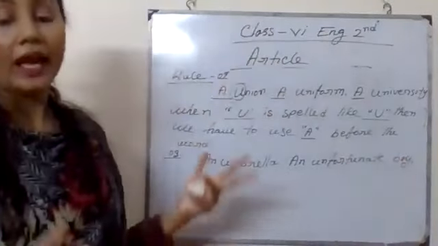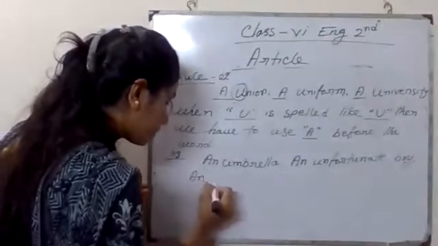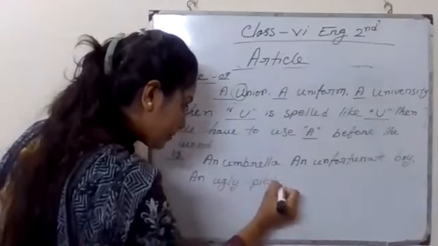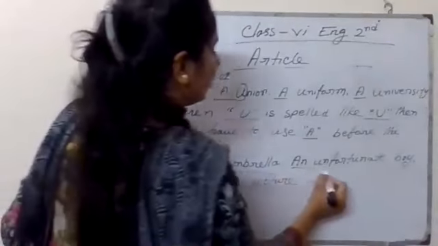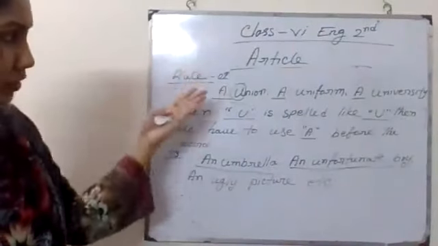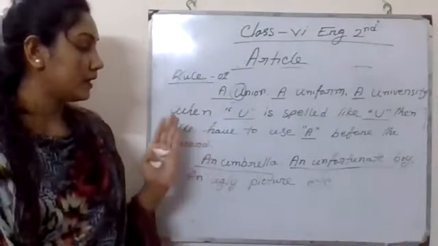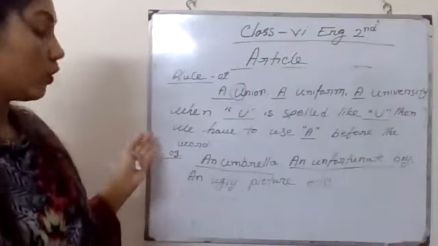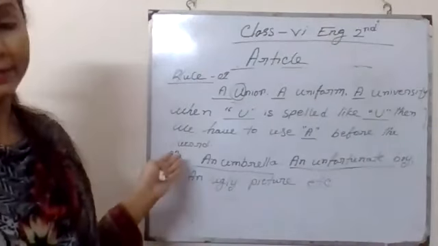An umbrella, an unfortunate boy, an ugly picture, etc. Here you can also see that I have used A before union, uniform, university, and I'm using AN before umbrella, unfortunate boy, and ugly picture. So why am I using AN instead of A here?